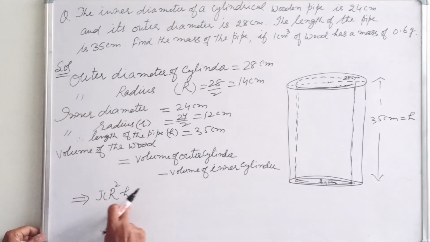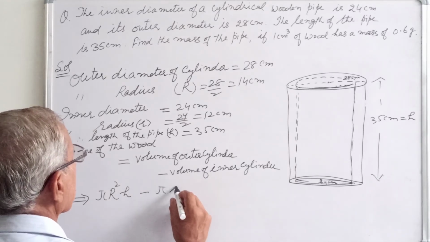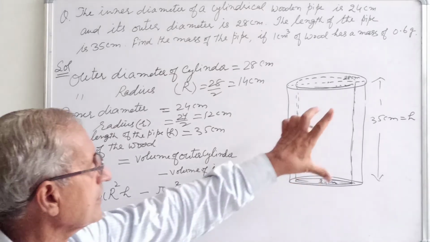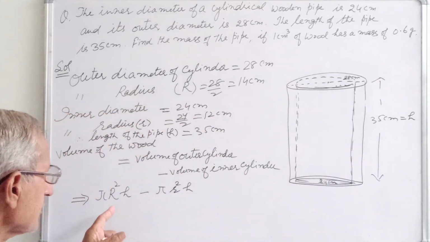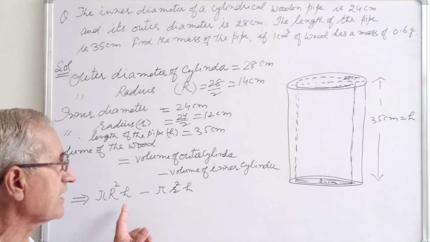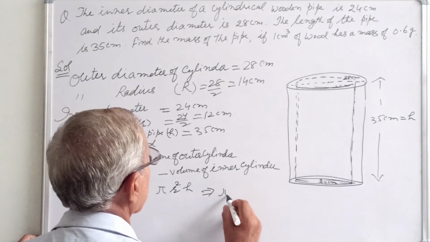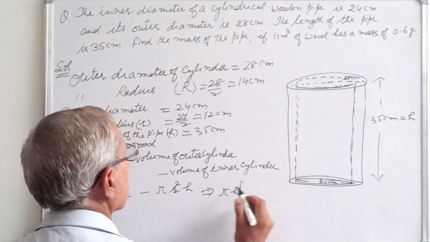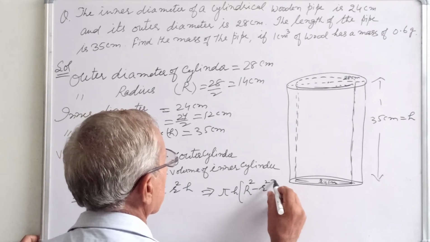So this is the volume of the outer cylinder minus the volume of the inner cylinder. Here H is the same, length is the same, pi is the same, but the difference is in the radius. So pi and H are common factors, and in the bracket will be capital R square minus small r square.